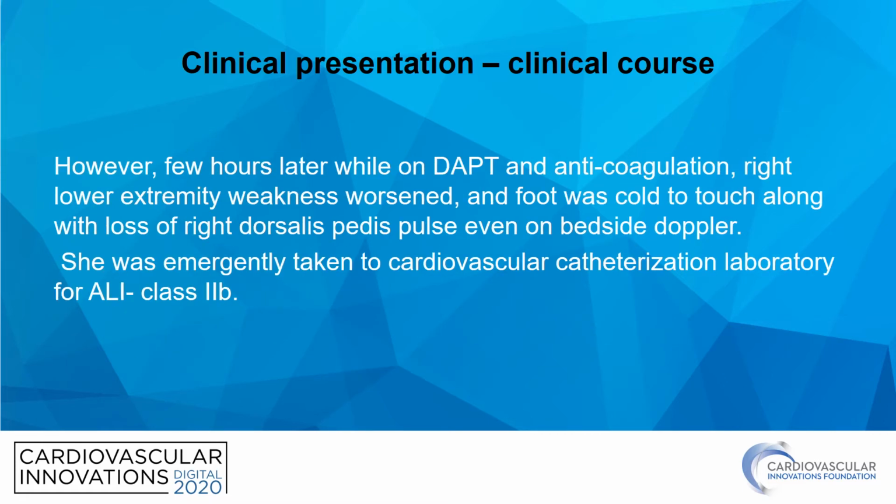However, few hours later, right lower extremity weakness worsened and foot was cold to touch, along with loss of right dorsalis pedis pulse even on bedside Doppler evaluation. With the diagnosis of acute limb ischemia class 2B, she was emergently taken to catheterization lab.